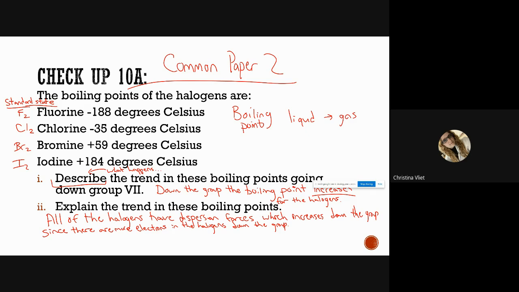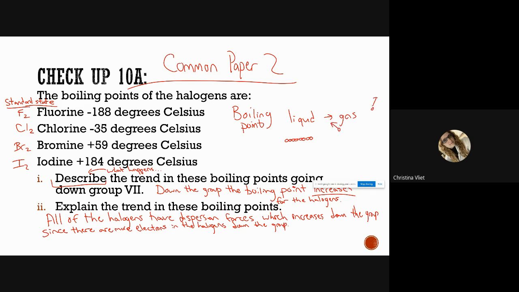Liquid to gas means when you have a liquid, your particles are next to each other but sliding past each other. But in the gas phase, everything's scattered.